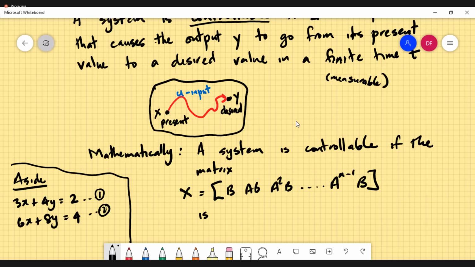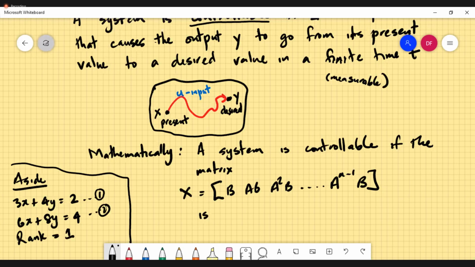One is half of the other one. So if I multiply equation 1 by 2, I get equation 2. So basically, it's only one equation that we have here. They might try to disguise themselves as two equations because you see me write down two equations, but it's really one equation. The two of them are the same thing. So the rank of this set of equations is equal to 1.